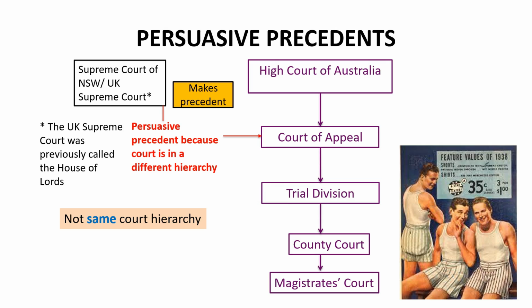The High Court knew that the House of Lords had made a precedent in Donoghue and Stevenson that the manufacturer of a product was liable for negligence to a customer where the manufacturer's product was contaminated and the customer could not have detected that contamination before they consumed or used the product.